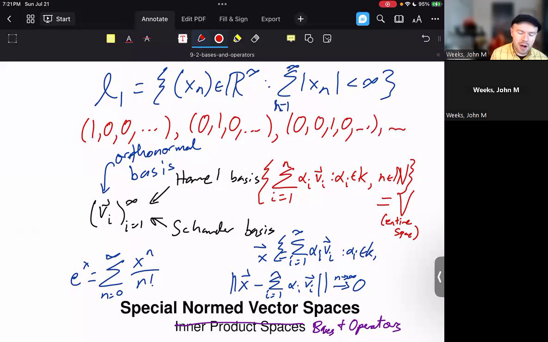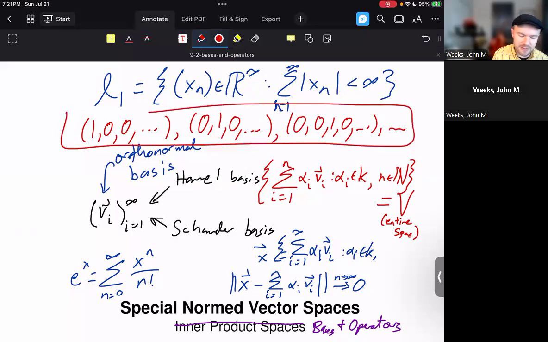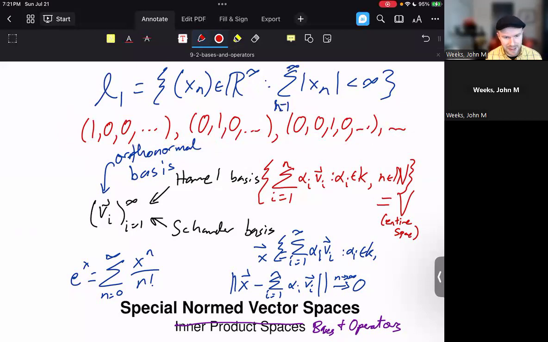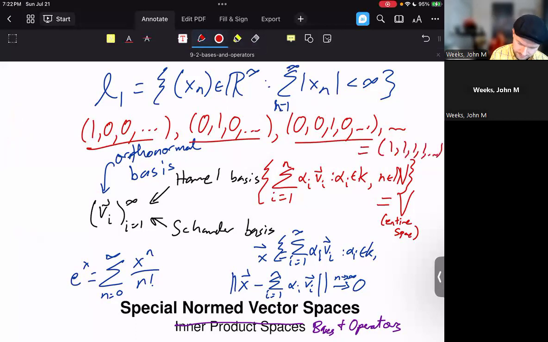But that doesn't mean all possible infinite linear combinations of these vectors live inside of the space little l1. For example, if I just tried to add all of these sequences together, 1, 0, 0, 0, then 0, 1, 0, 0, then 0, 0, 1, 0, and so on, I would get the sequence 1, 1, 1, 1, and so forth.